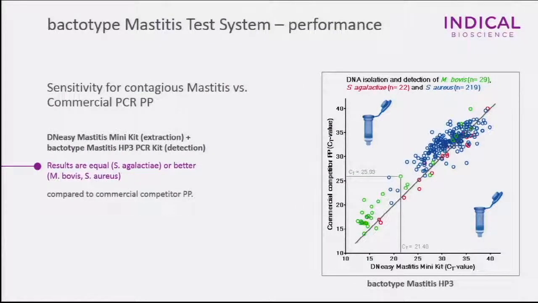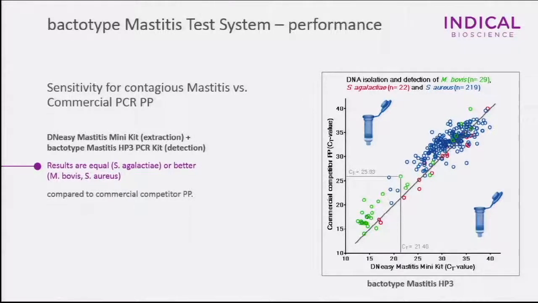And when we tested this on a larger number of samples, which were confirmed by culture or other PCR systems, we could see, comparing our Bactotype system versus the other commercial system, that the way this is shown here is dots or results which are dotted exactly on this line. They have the same result.